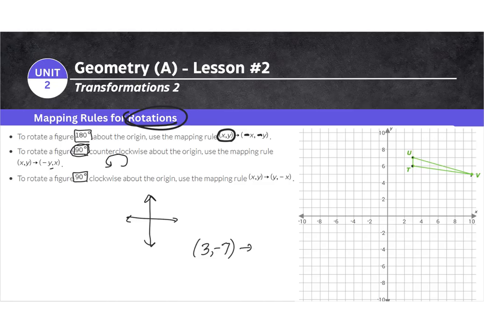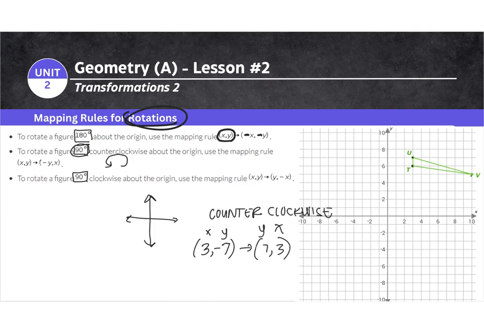You're going to flip them and change the sign of your Y value. So I'm going to flip it so that it becomes Y and X, so -7 and 3. And then it says take the opposite of Y. So instead of it being a negative, it then becomes a positive.